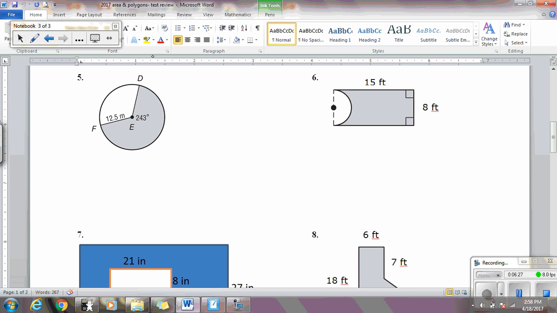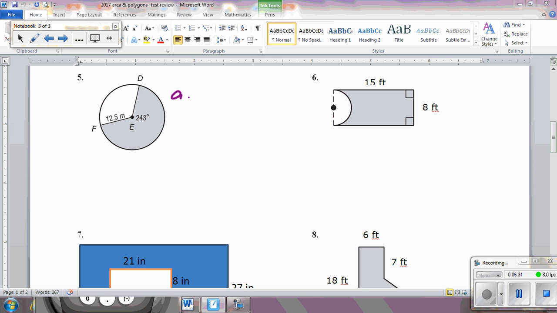Number 5, again, we have a sector. So the area of a sector, again, you take the arc measure. In this case, the arc measure is 243 over 360 times pi, and our radius is 12.5 squared.